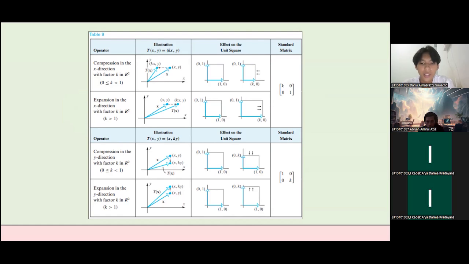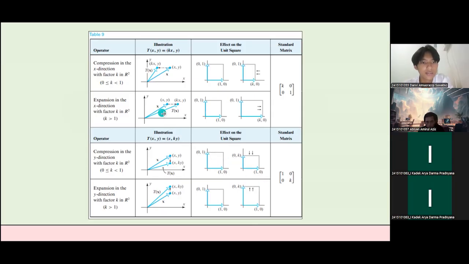And if k is more than 0 and less than 1, it is a compression. The object shrinks as points move closer to the axis. And if k equals 1, no change occurs. The object remains the same. This transformation preserves straight lines because it is linear.